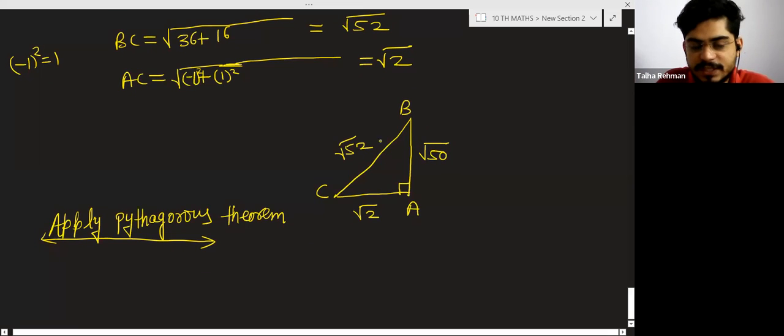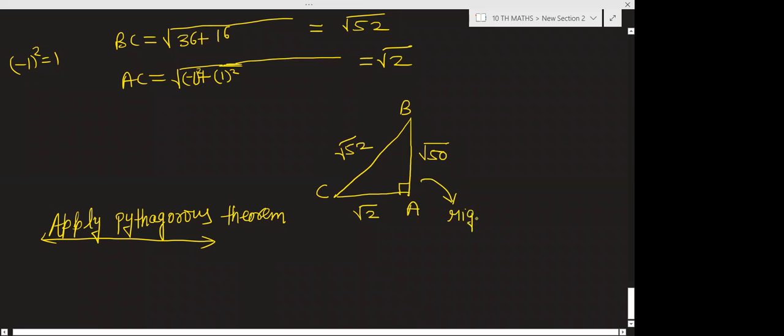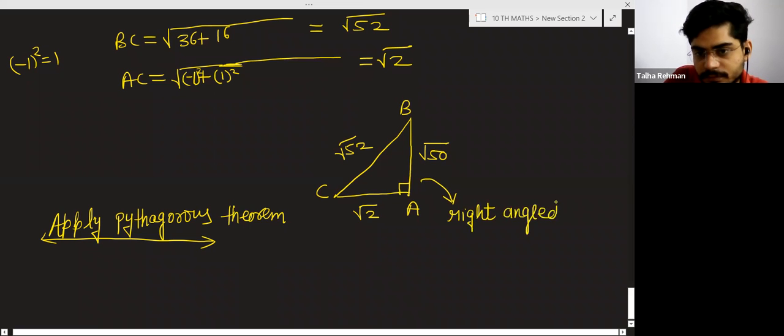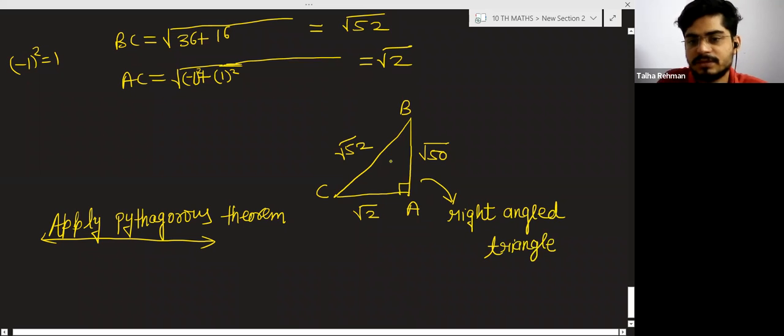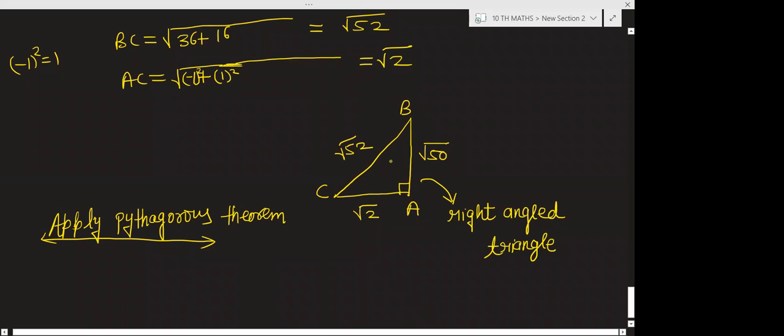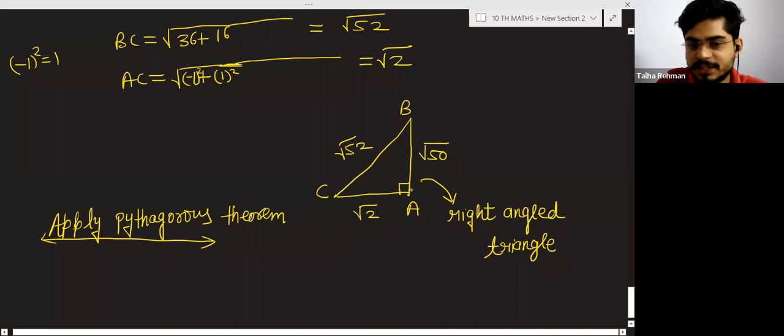You have this triangle. You know a triangle has 3 sides, and this type of triangle is known as a right angled triangle. A right angle triangle means at least one angle in the triangle will be 90 degrees.